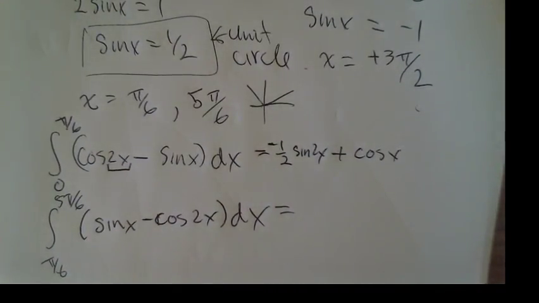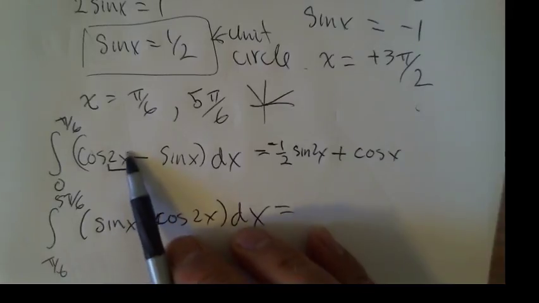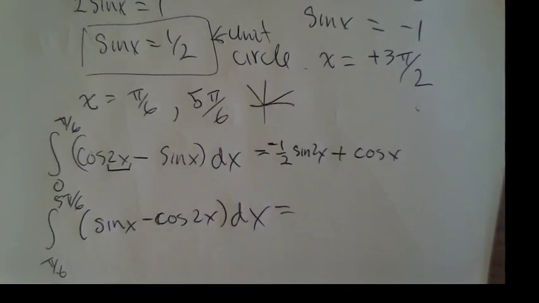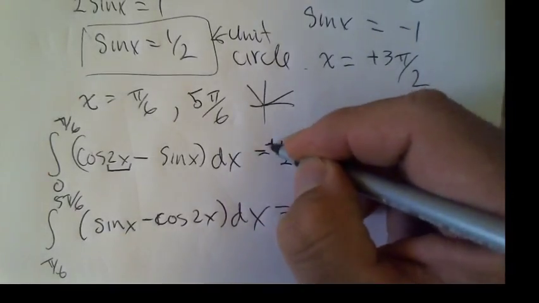Watch out when we have a composite function. You can always check your work by working backwards. Excuse me, that should be positive.